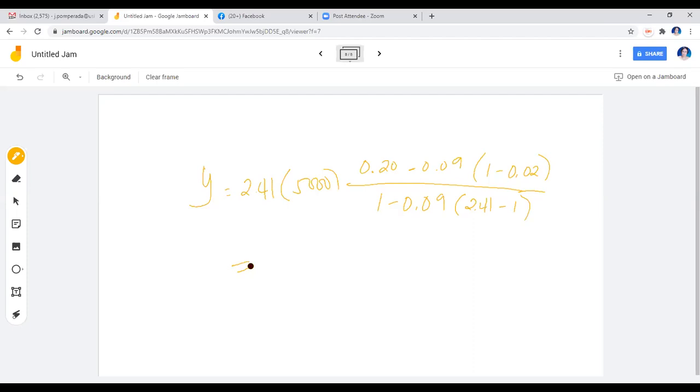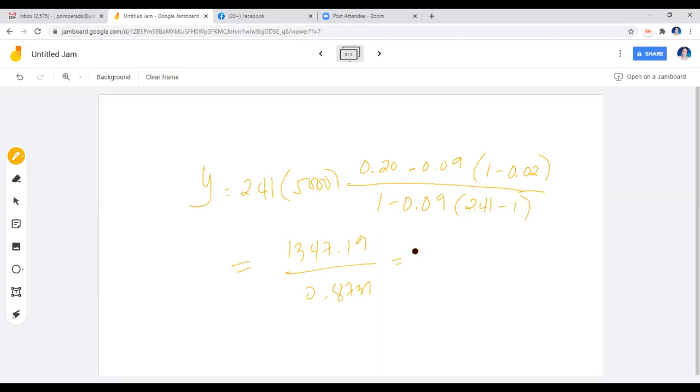Then we'll add that to 0.2 and multiply that by 2.41 and 5,000. So my numerator is 1347.19, and my denominator will be negative 1 times 0.09, negative 1 plus 1, my denominator is 0.8731.